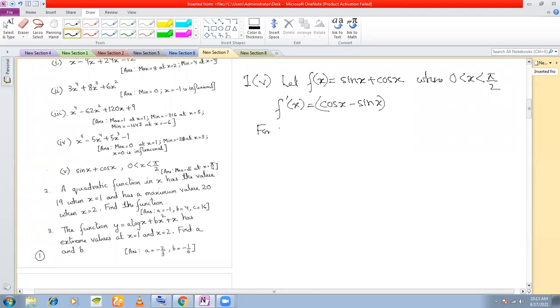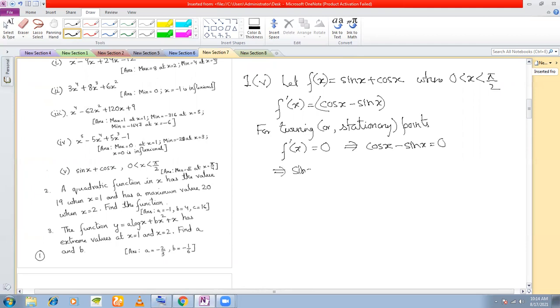Now for turning or stationary points, f dash x is equal to 0. That means cos x minus sin x is equal to 0.